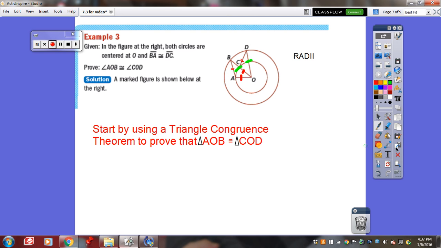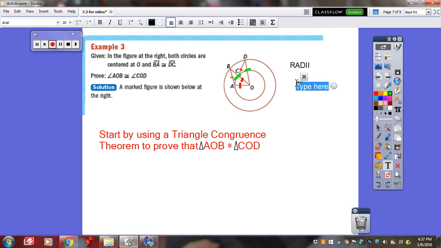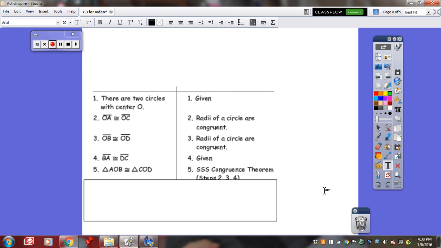So if we think about the congruence theorems, our first one we think of is side, side, side, and in this case side, side, side fits because they give me these two sides and then I know by radii the other two sides. So this one I'm going to use side, side, side on. So here we go. Here's the proof.